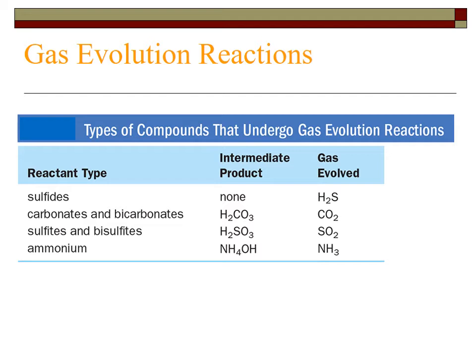If I start with a reactant that's a sulfite or bisulfite, we end up with sulfurous acid and SO2. If I have a reactant that is ammonium, I end up with an intermediate product of ammonium hydroxide and NH3. This table is going to become extremely important when you're looking at gas evolution reactions. You're going to need it to identify the intermediate product when you're predicting them.